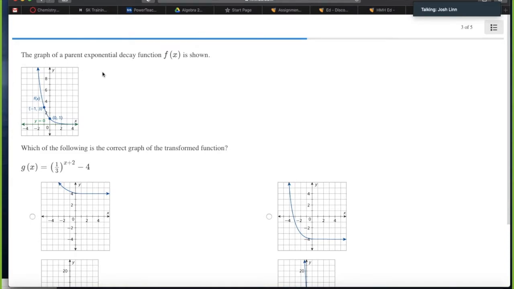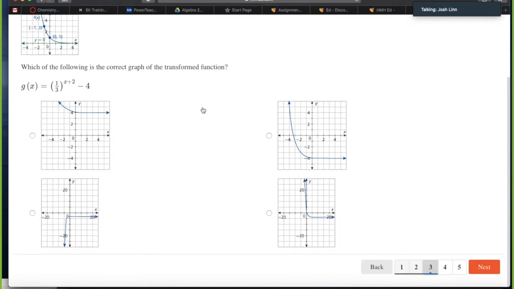Graph of the parent function is here. Which of the following is the correct graph of the transformed function? So there's my parent function. Looking at this, the first thing I notice is the asymptote is down at -4.